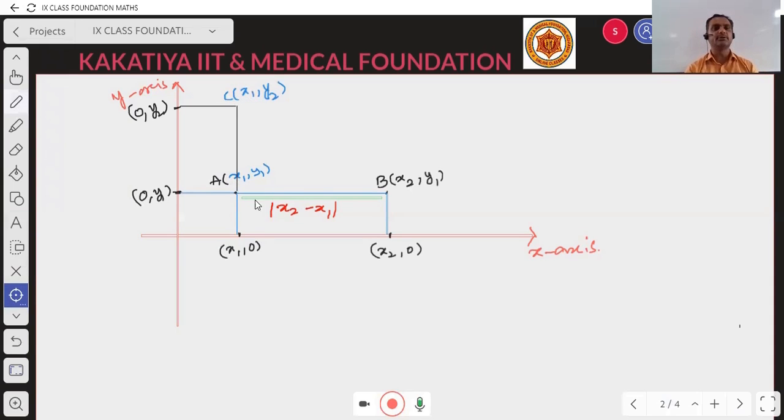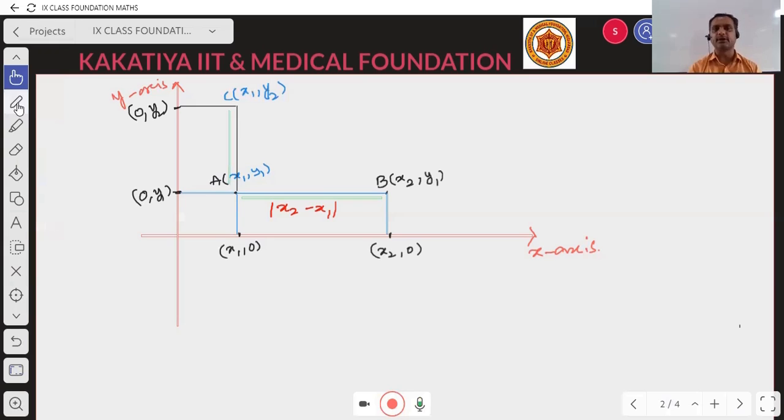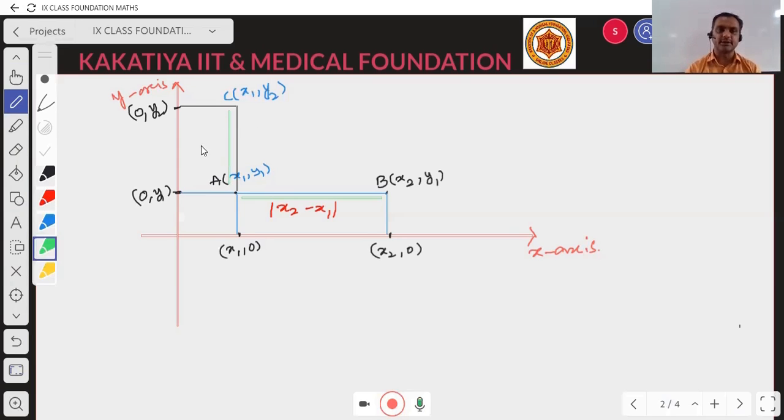So what will be the distance between 2 points whose x coordinates are equal? It is the absolute value of the difference between their y coordinates. The y coordinates here are y2 and y1, so the distance is modulus of y2 minus y1, right?